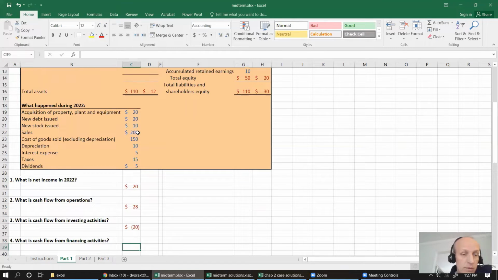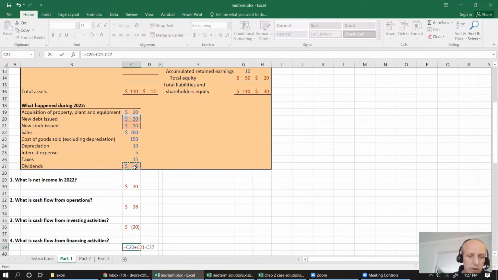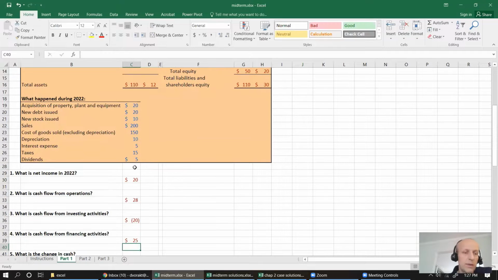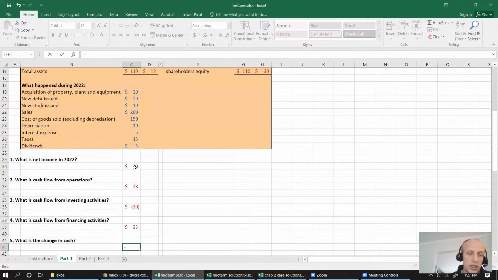And cash flow from financing activities. Well, we got some positive cash flow because we issued $20 of new debt. We also issued $10 of new stock, but we paid $5 worth of dividends. So cash flow from financing activities is positive 25. What's the overall change in cash?